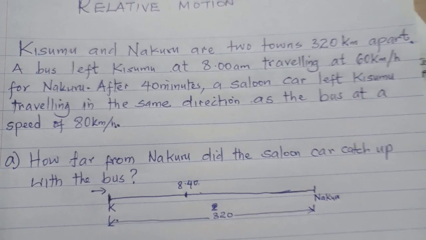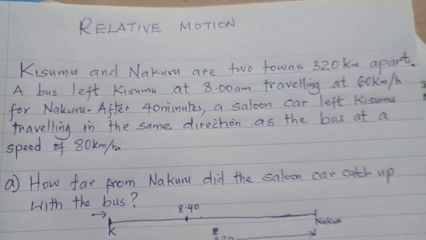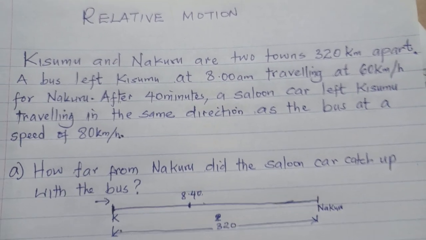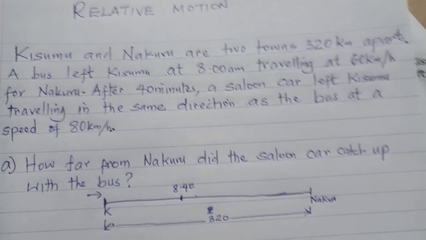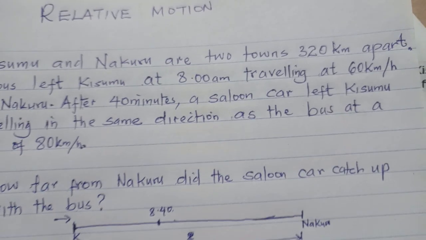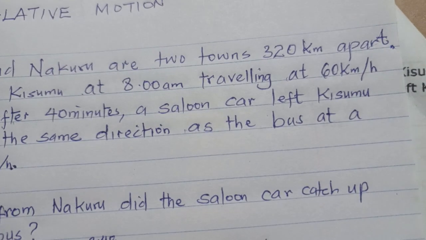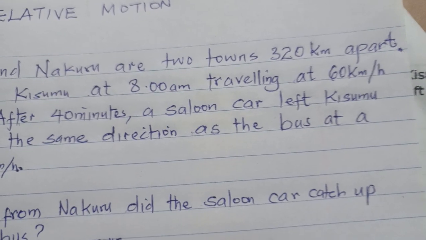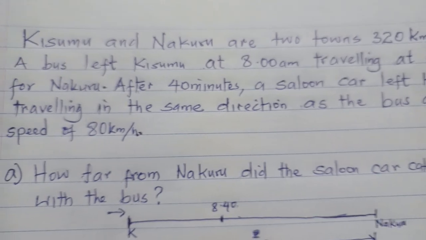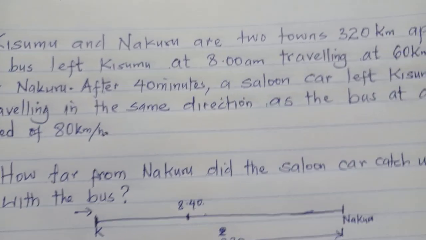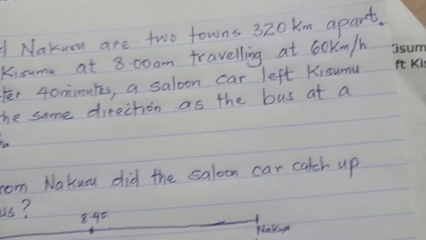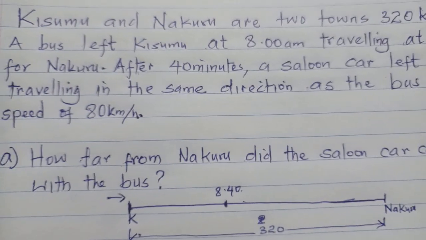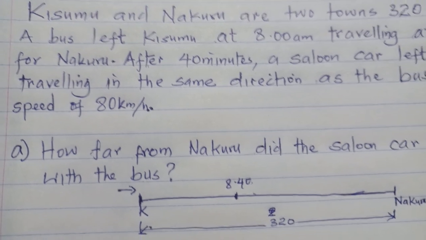To take us through this, we have this question that we want to look at. It reads: Kisumu and Nakuru are two towns 320 kilometers apart. A bus left Kisumu at 8 a.m., traveling at 60 kilometers per hour for Nakuru.